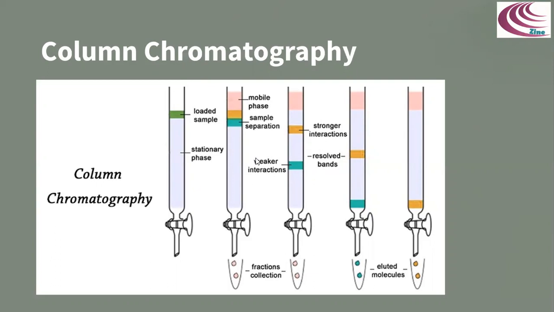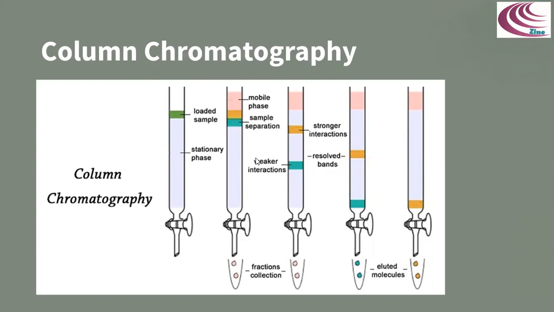The normal length of the column, that is the length of the stationary phase, is around 50 to 500 centimeter, and the diameter of the column is 1 to 5 centimeter. The particle size of the stationary phase is in the range of 150 to 200 micrometer. The mobile phase used is either a single solvent or a mixture of solvents.